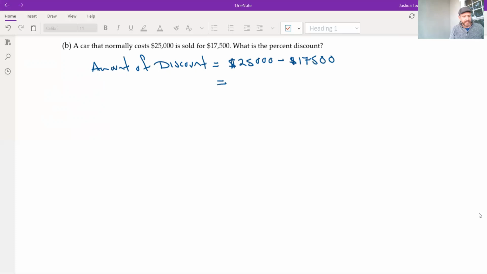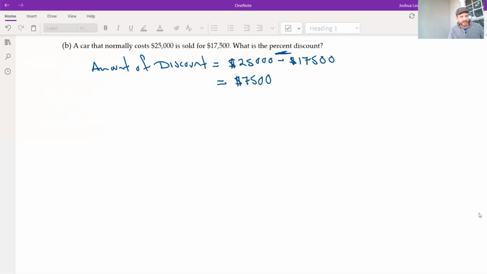And so that discount will be, don't know why I'm grabbing a calculator here, but that's all right. 17.5. Okay, so right now we know the amount of the discount, but we want the percent discount, okay?